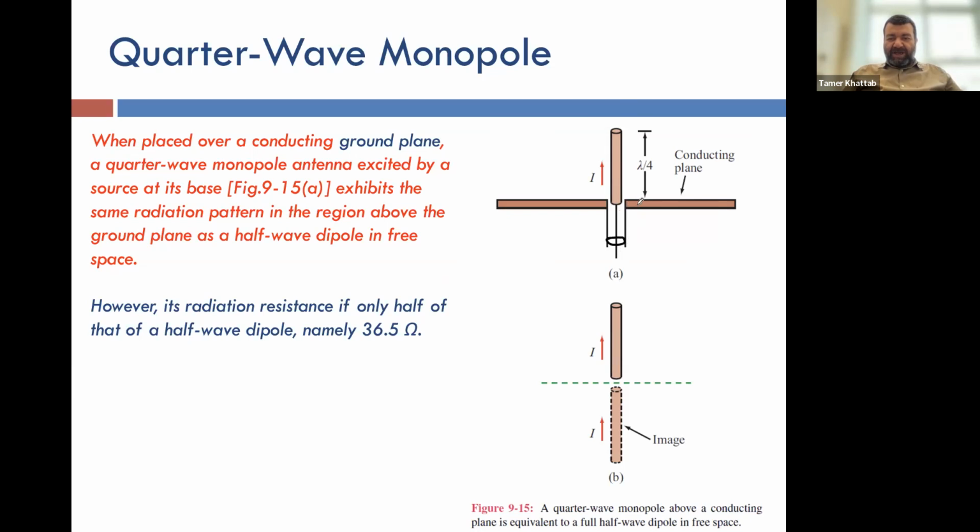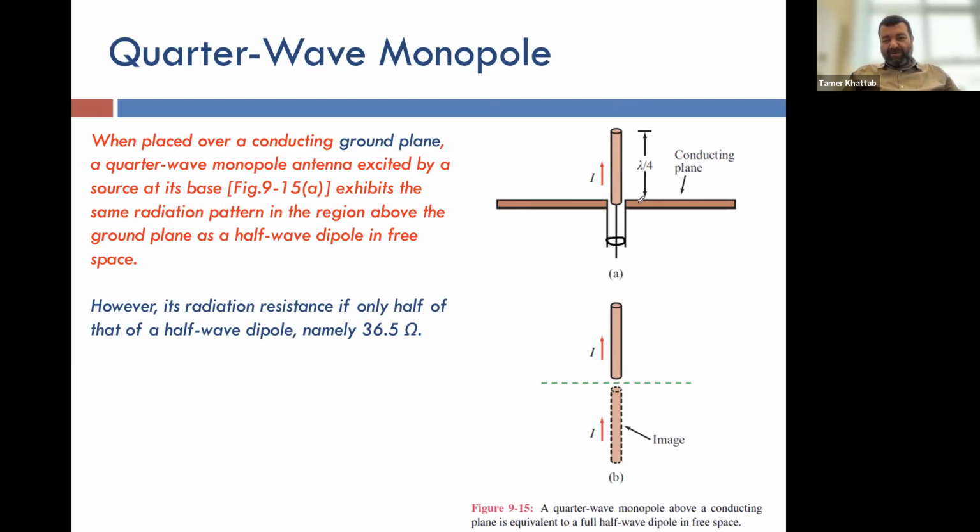You take the outer shell and connect it to the ground or a grounded conducting plate. Then you take the inner one and extend it out by a wire, and the length of that wire is equal to lambda by 4. By doing this, you have formed a monopole antenna.